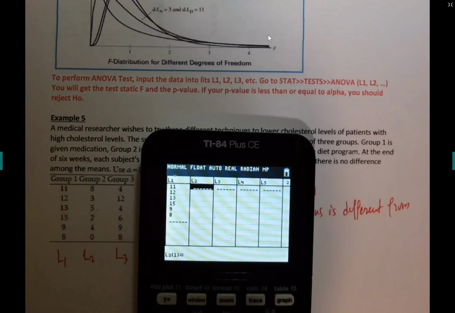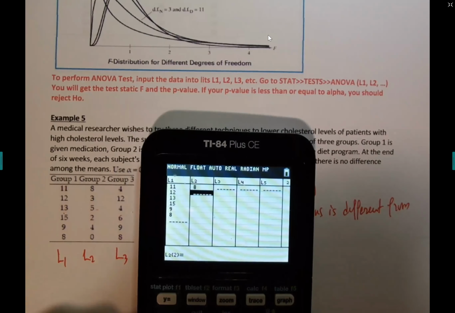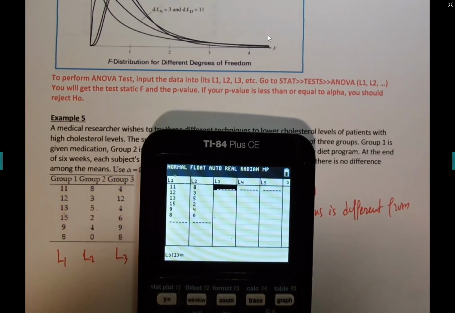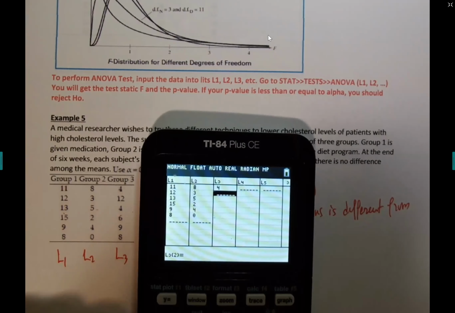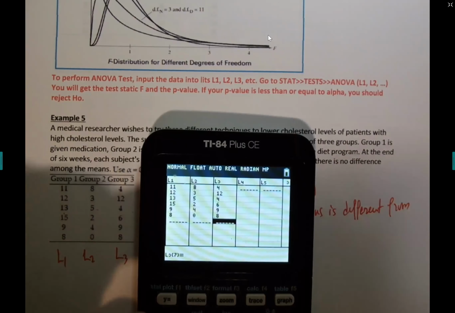Second, L2: 8, 3, 5, 2, 4, 0. Next, L3. All right, and I'm ready to run the test.